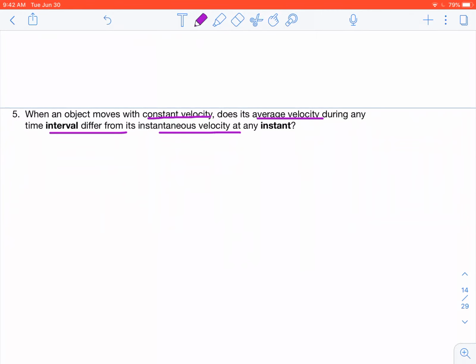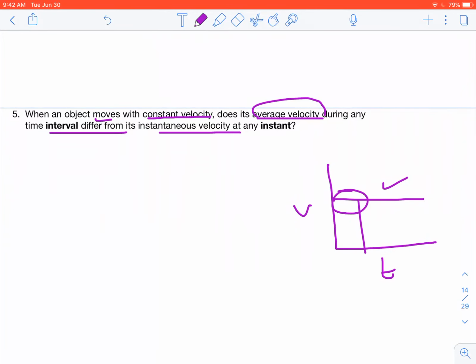So here the question being asked is, if something is moving at constant velocity, does its average velocity during any time interval differ? It doesn't, because if we have a constant velocity and I take that, my average will still be the same. If I take another time interval, the average will still be equal to the constant.